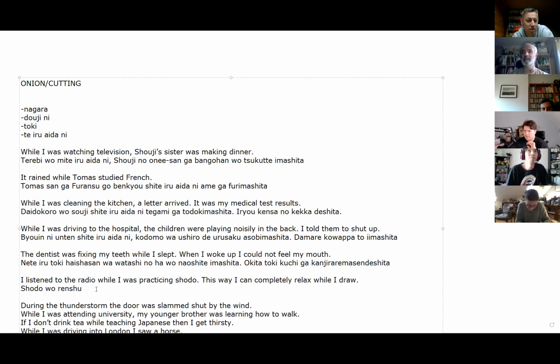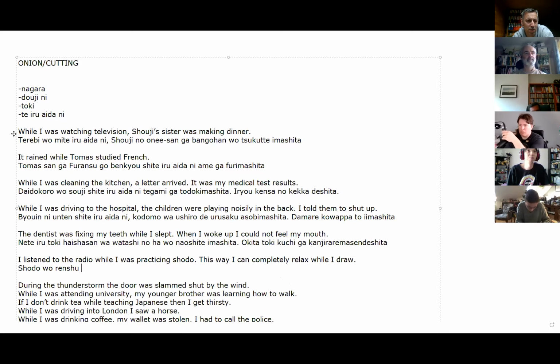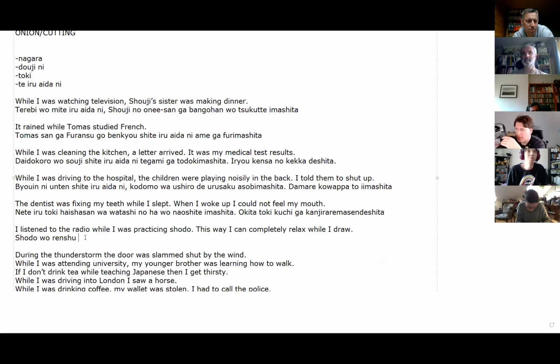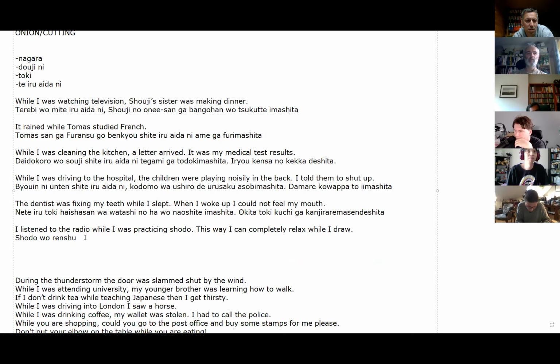Sorry. 練習練習しているながら. No. So for nagara, all you do is take the masu form of the verb. You can only use it with the present masu form of the verb and replace it with nagara.